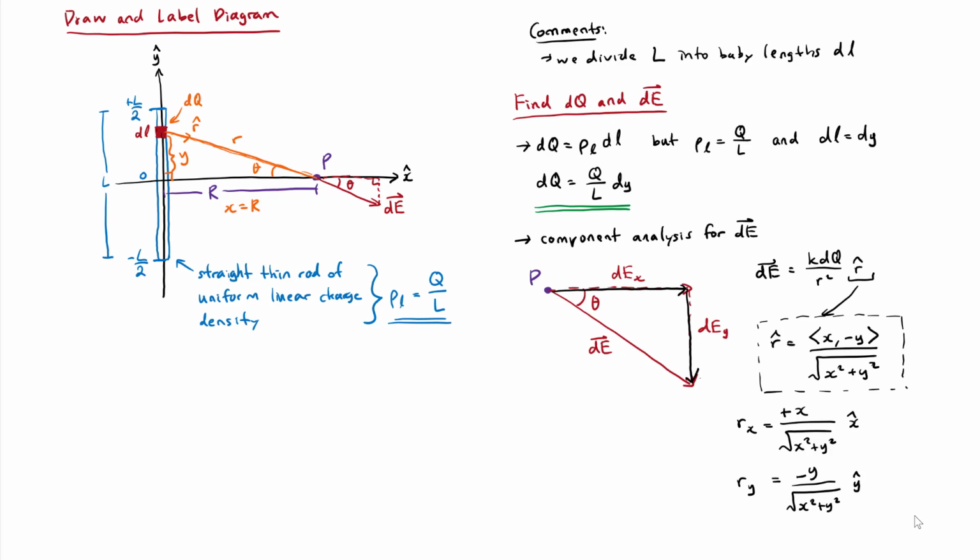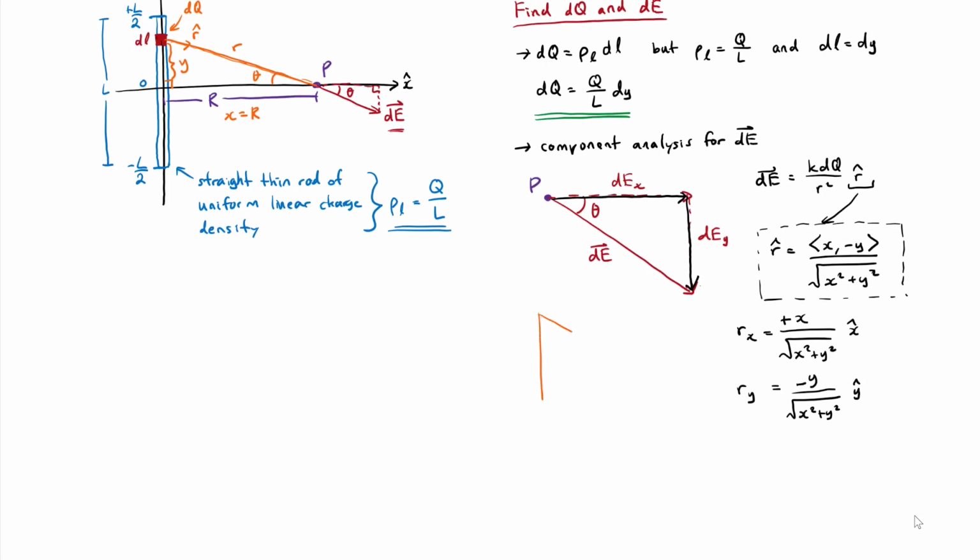And we can. Let's just draw another triangle. So we have this from dE. Why don't we draw the orange one here? So we also have theta, but now we have capital R being x, we have y over here, and we have the square root of r squared plus y squared.